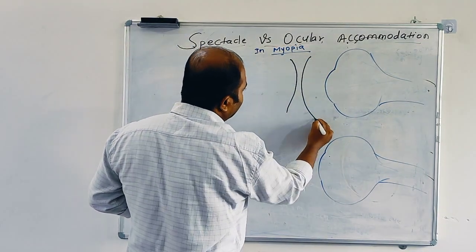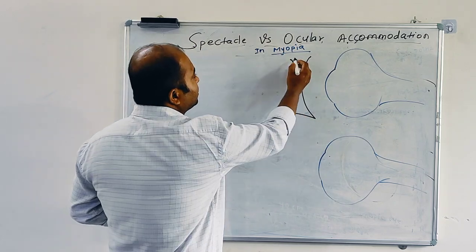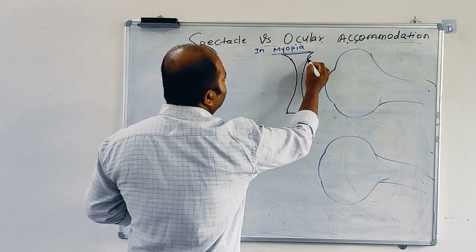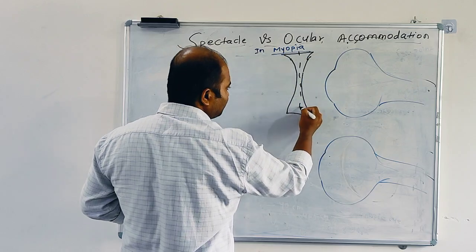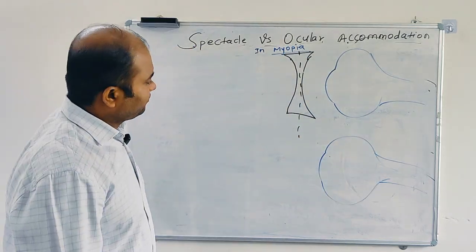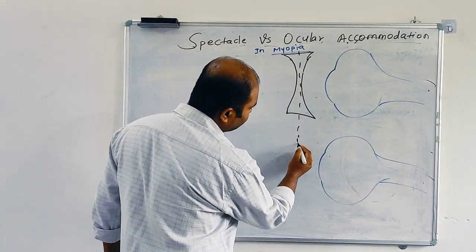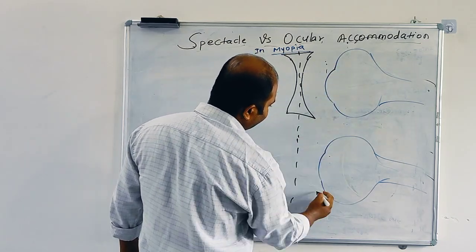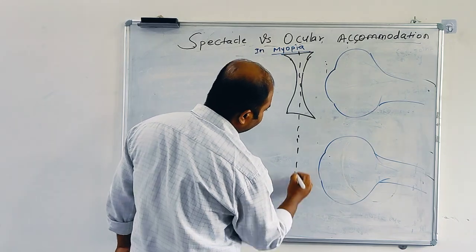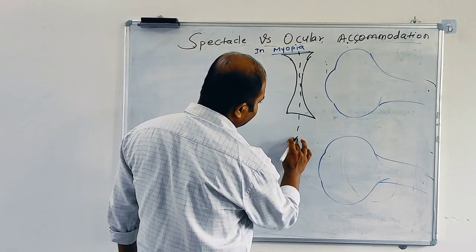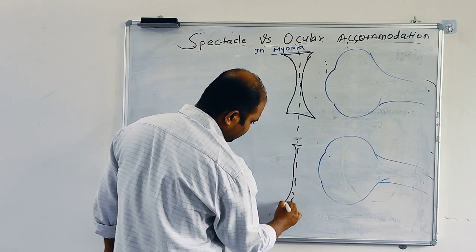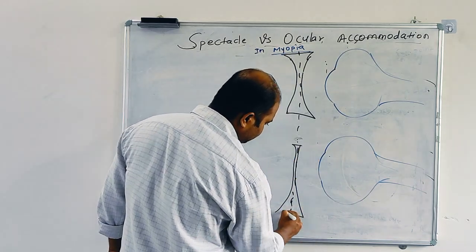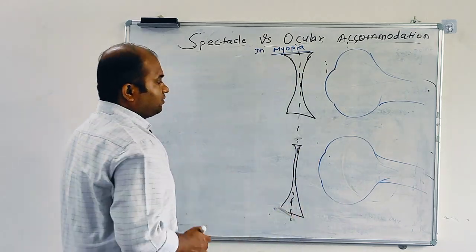Last time in the emmetropic eye we made an imaginary plane, but here it is the true spectacle plane. Ideally here it should match, but okay, fine. So here also this is -10. Assume this is glasses.